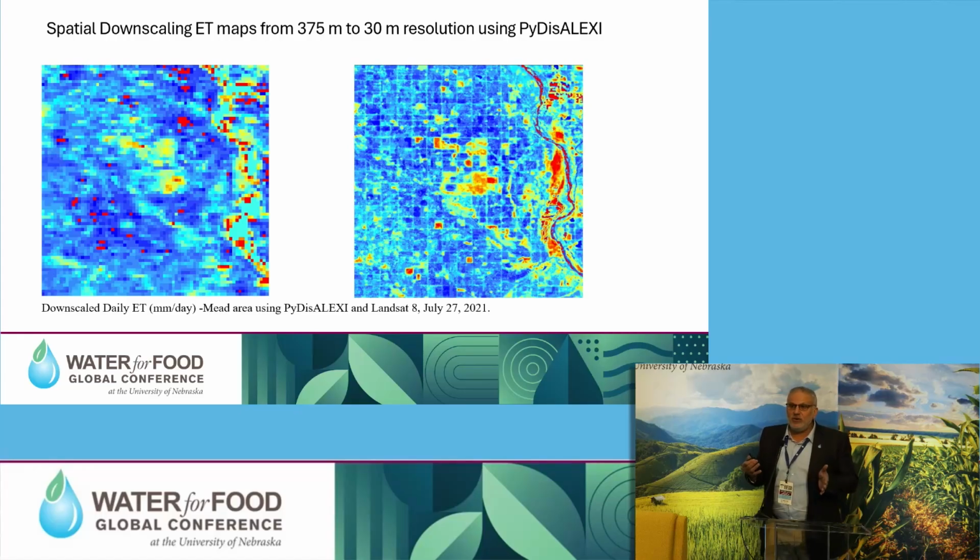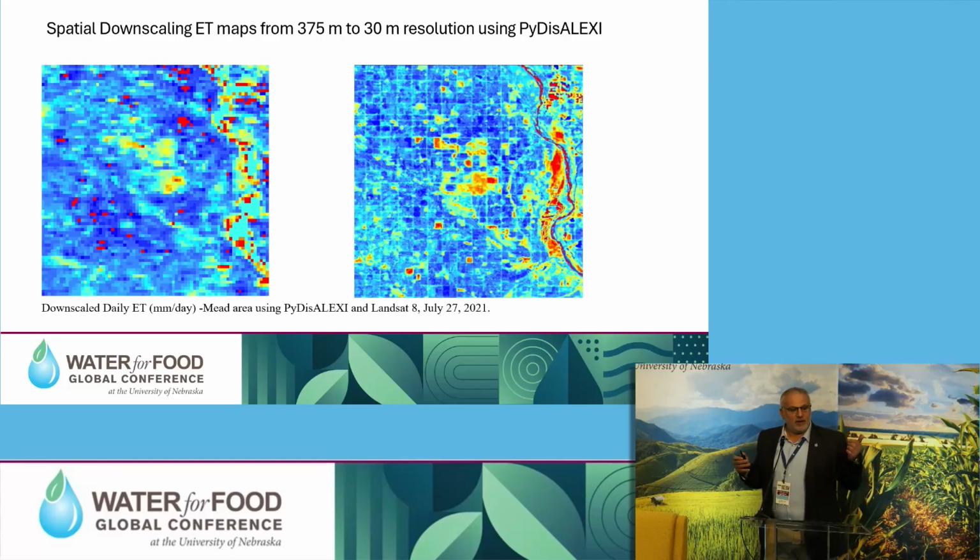In that case, we used Landsat 30-meter resolution by implementing PyDisALEXI, which disaggregates the ALEXI pixel to 30-meter resolution using the energy inside that pixel from Landsat. But we can do this only at the Landsat overpass. So we have to go with the temporal resolution of Landsat, which is about 16 days. With two Landsats, it's 8 days.